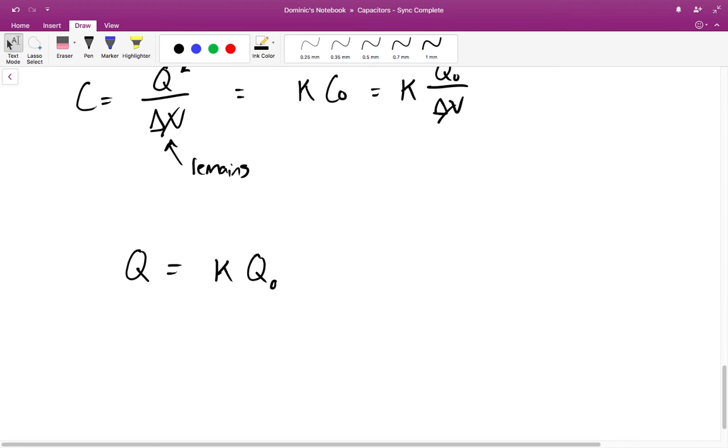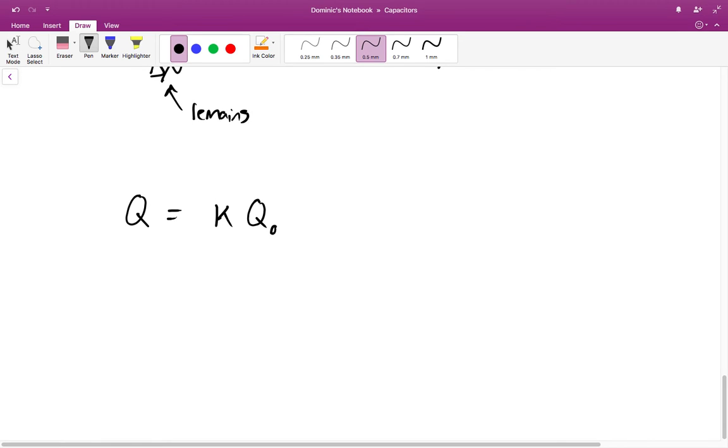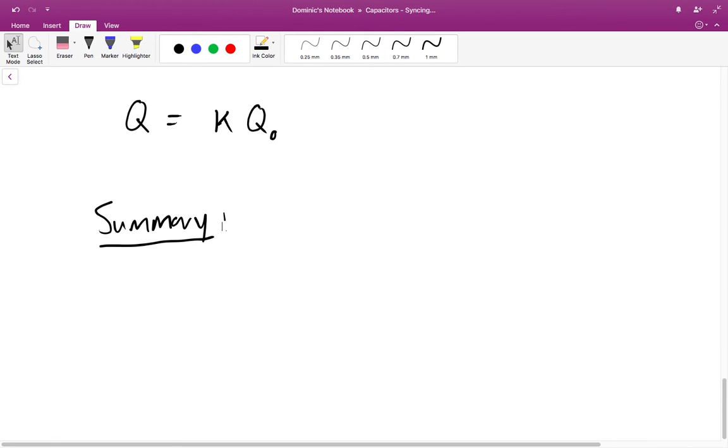So just to summarize a couple of things here. Okay, so just a short summary. When we insert a dielectric between the capacitor plates, two things always happen.